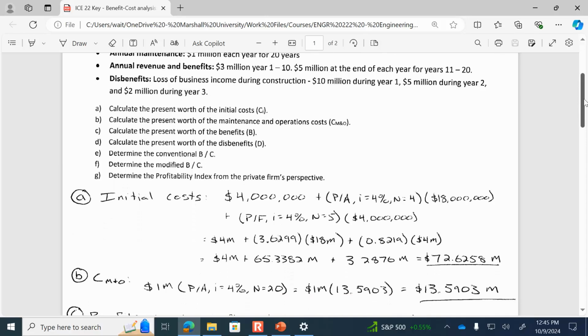The maintenance and operation costs discounted to the present are $13.59 million because there are 20 outflows of $1 million each, and then the factor, the P/A factor for 20 years at 4%, is 13.59.